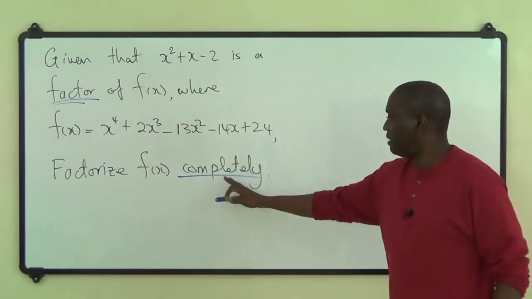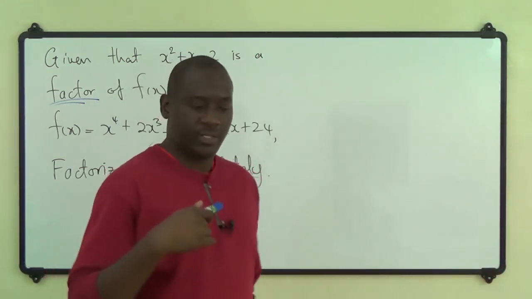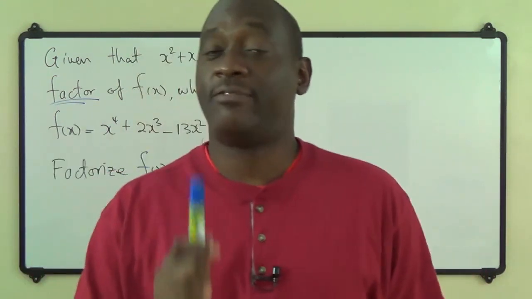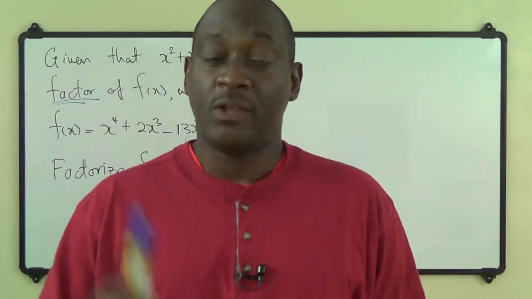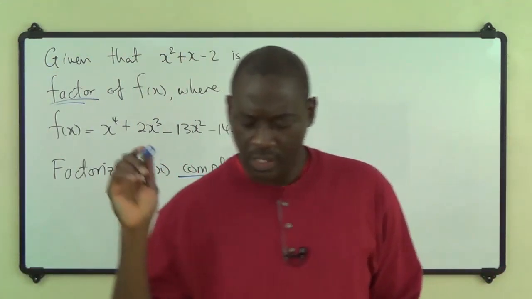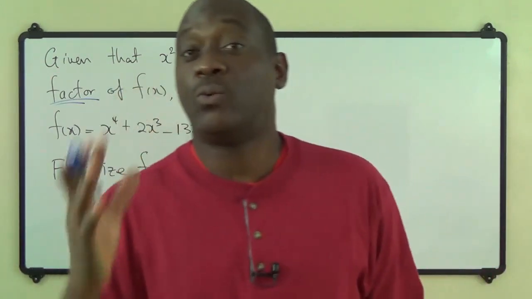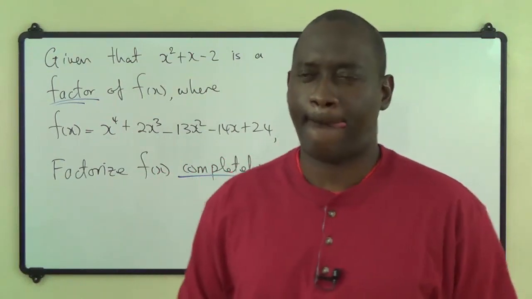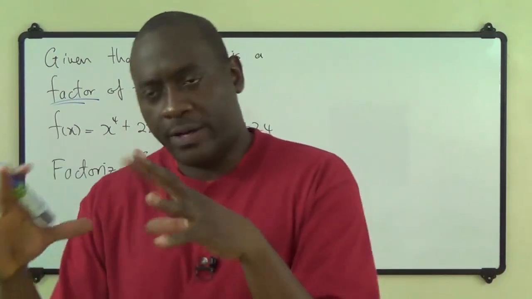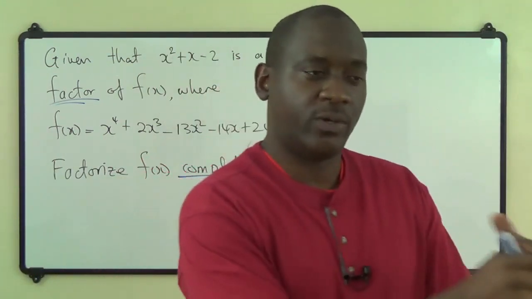Similarly with complete factorization. I'm going to talk it out now, so pay careful attention. Remember, in a video about 2 or 3 videos before this one, we discussed the factorization of 1 minus k to the power of 4. We said that is a difference of 2 squares, where 1 minus k to the power of 4 is 1 minus k squared multiplied by 1 plus k squared.